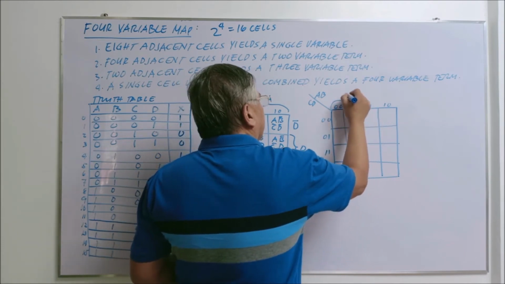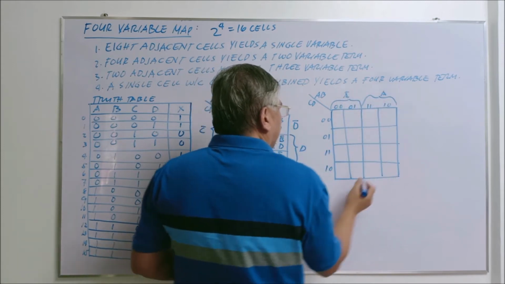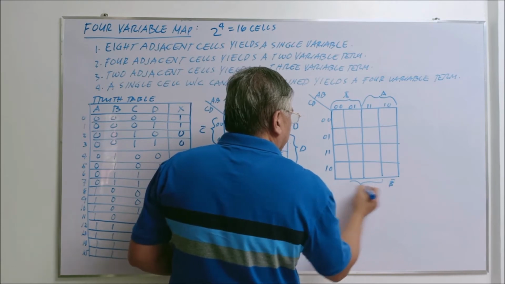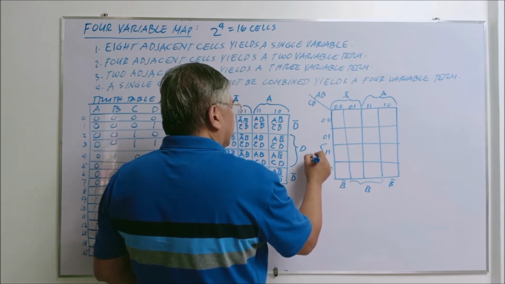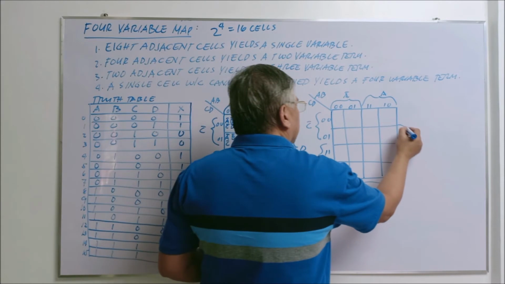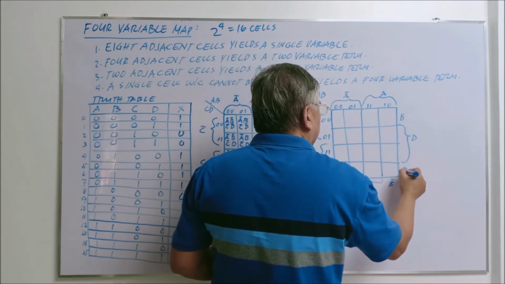And this one here belongs to A bar. These 8 cells belong to A. These 8 cells belong to B, B bar, and B bar. This one here belongs to C. This one here belongs to C bar. And this one here for D, D bar, and D bar.